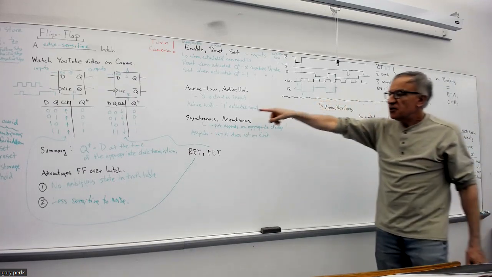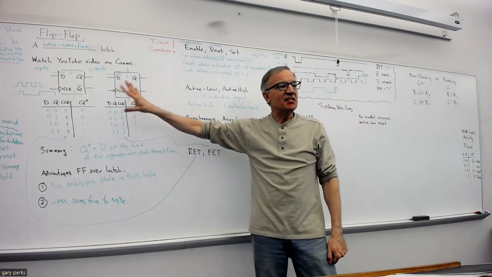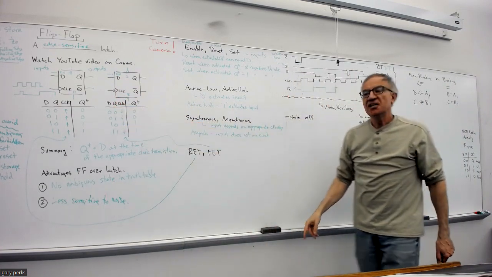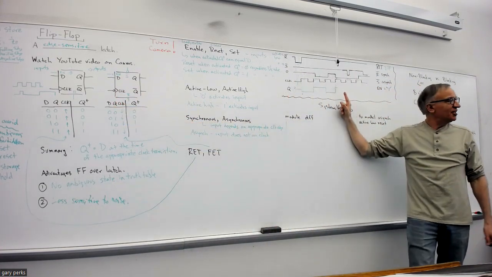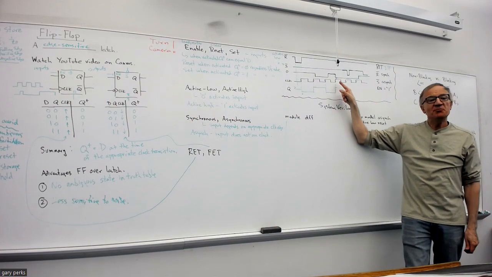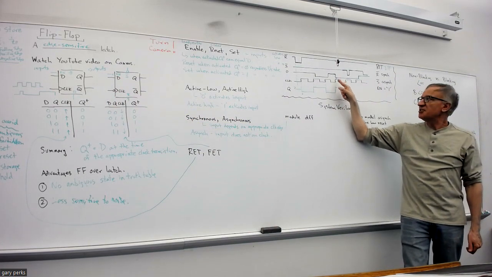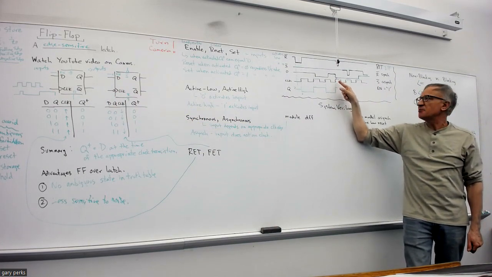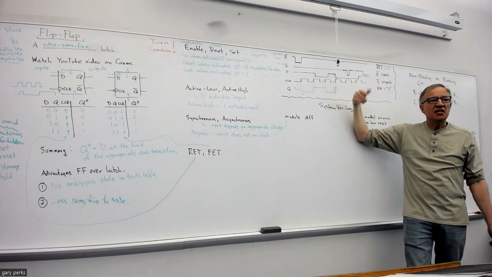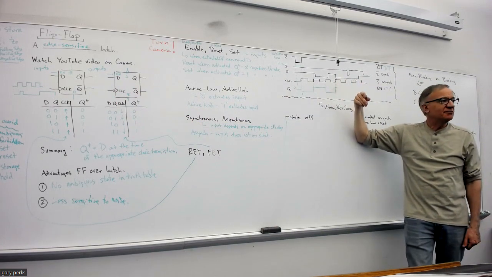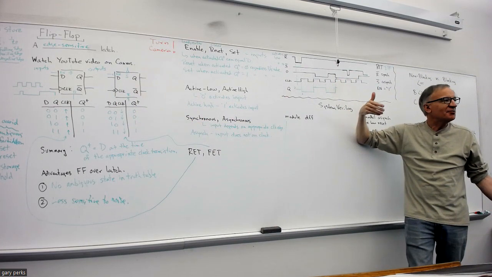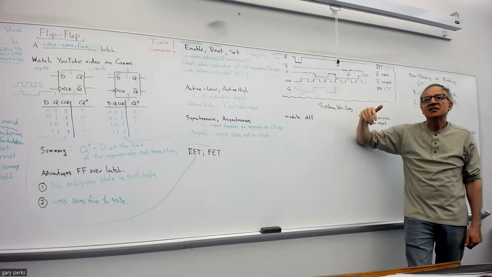So even though a flip-flop doesn't have an ambiguous state in the truth table, you can still cause an ambiguous situation. See, this would be ambiguous. If you got a change in D happening right at the same time as the edge of the clock, you don't know what you're going to get at the output. Again, you could flip a coin. Half the time it's going to be a 0, half the time it's going to be a 1.